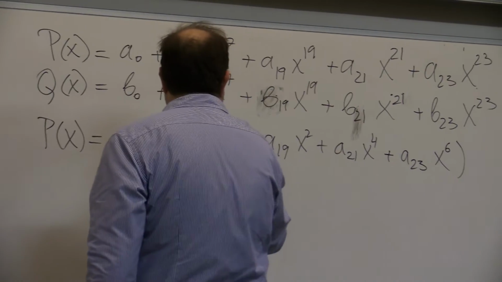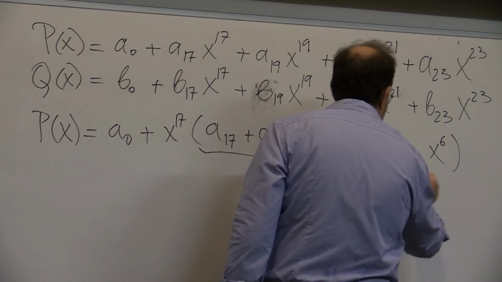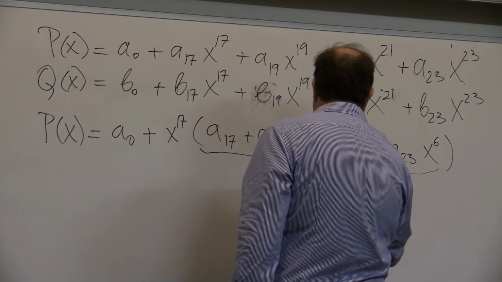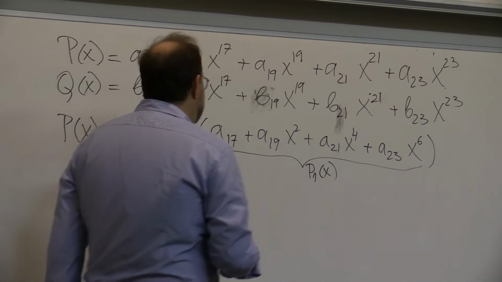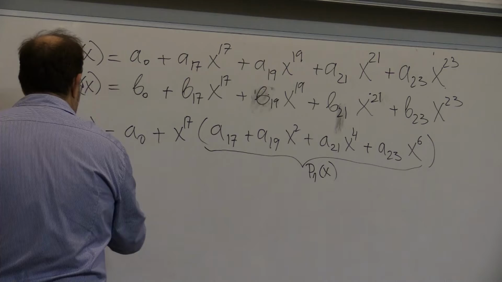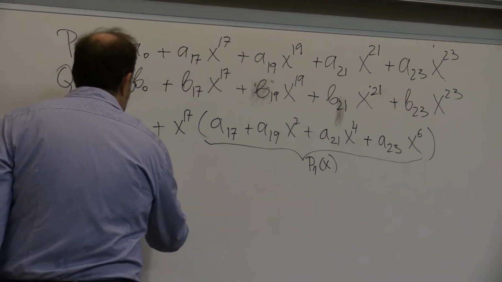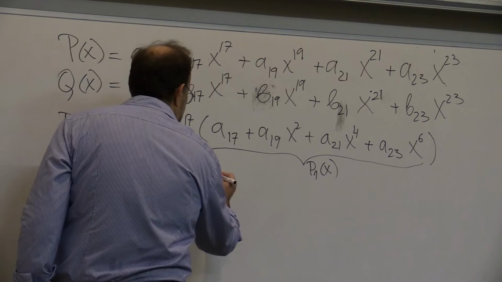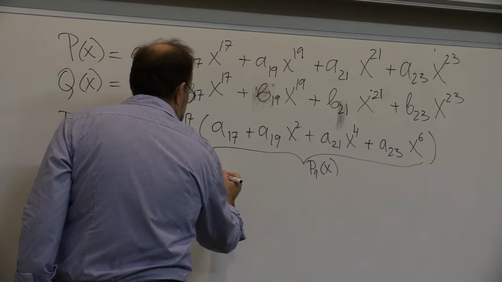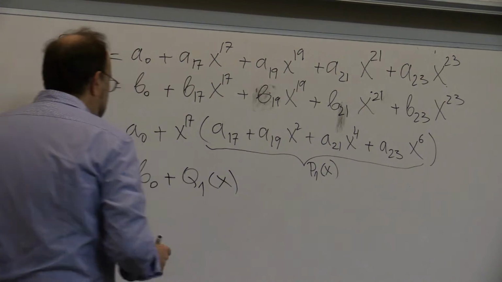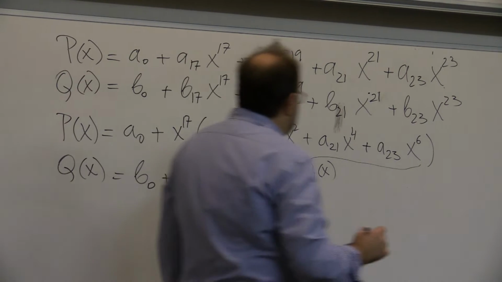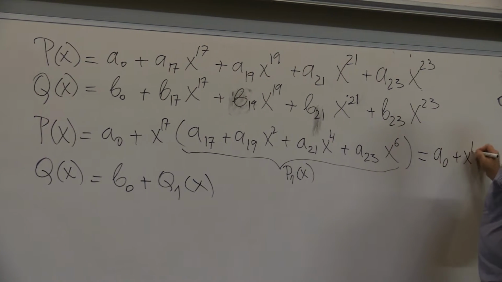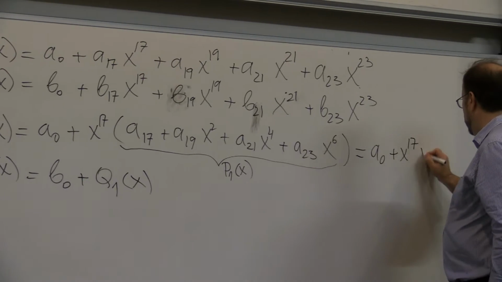And let's call this polynomial P1 of x, and we have the same for Q of x. It will be of the form B0 plus x to the 17 Q1 of x. Right, so this is A0 plus x to the 17 P1 of x.